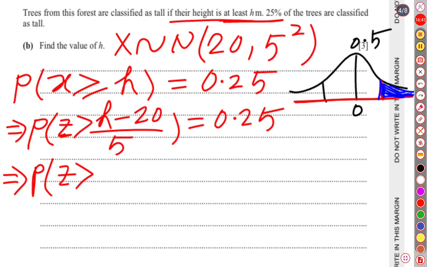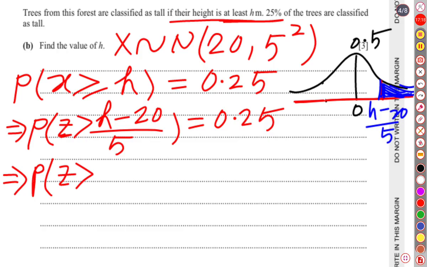Now where is our z score lying? Our z score is lying over here, h minus 20 over 5. This portion is our probability, but we know that in the probability distribution table none of the probabilities is less than 0.5. All the probabilities given are more than 0.5.